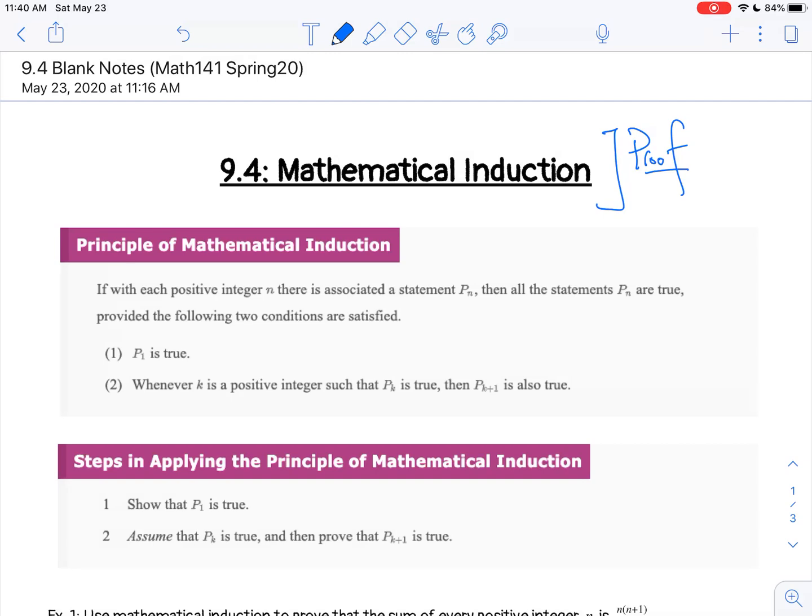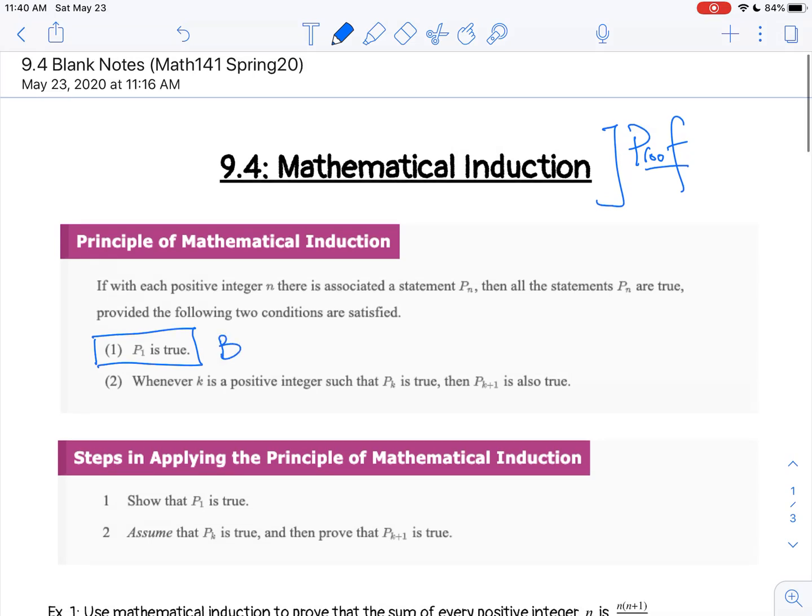You use mathematical induction quite a bit there. The idea behind mathematical induction is that if we can show that something is true for the first term, and this is called the basis step, then we also want to show that it can be true for some term down the road in the sequence of numbers. If we can show that, then it's like a domino effect.